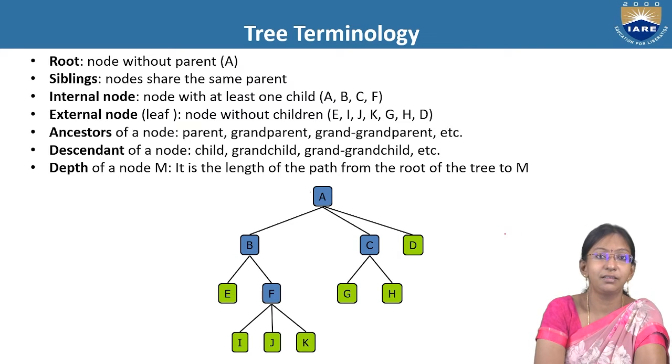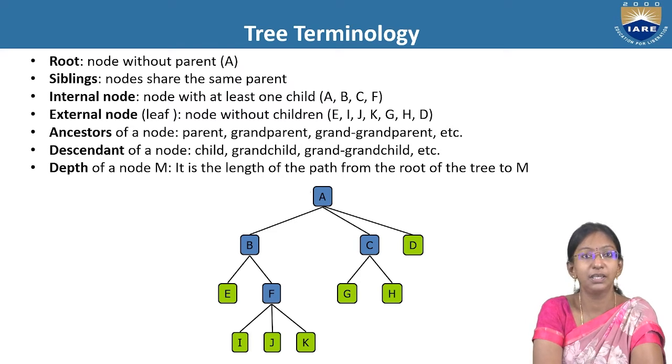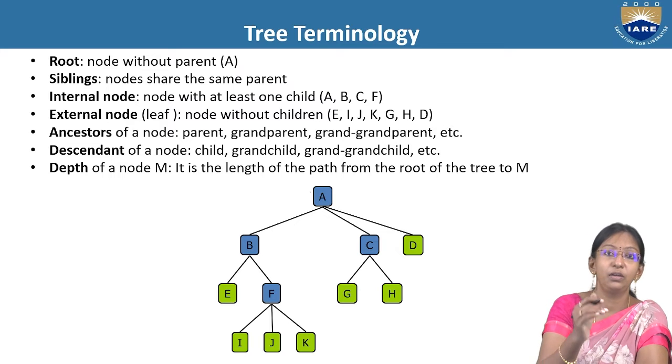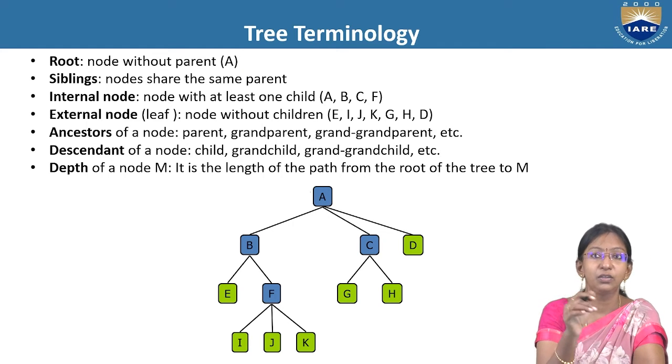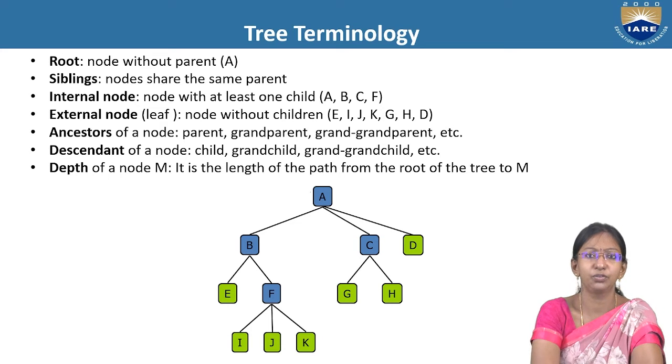Ancestors mean parent, grandparent, great-grandparent, all come under the ancestor zone. Coming to the descendants zone, child, grandchild, great-grandchild, all become the descendants. So think logically when someone asks you a question, guys.